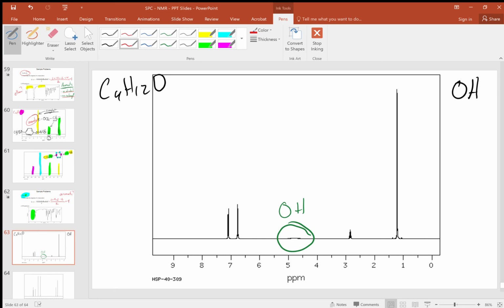All right, the next peak I want to look at is this one by 3 ppm. It's hard to tell from looking at this, but it is a septet, and this peak is a doublet. Both of these peaks are also doublets.